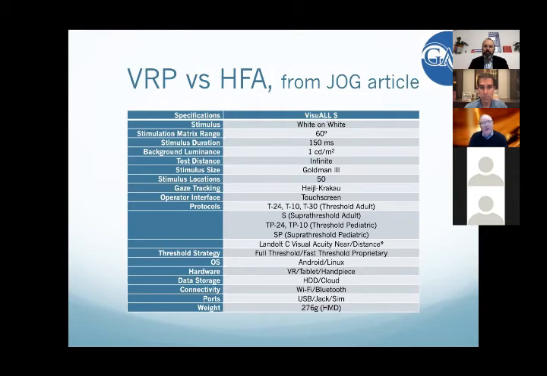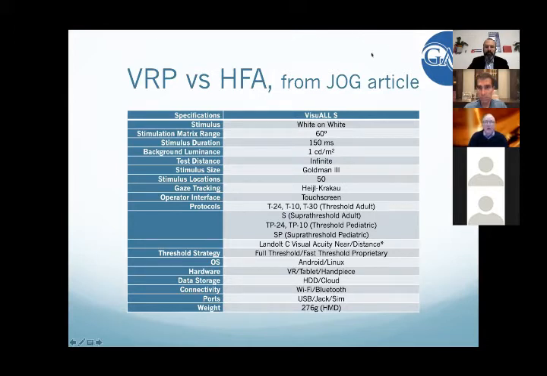And then Alberto mentioned the pediatric. That's really exciting. And by the way, the color vision is exciting, and the visual acuity is exciting. The threshold strategy is basically full threshold and fast threshold, proprietary. And then the connectivity; it doesn't weigh very much, as you can see.